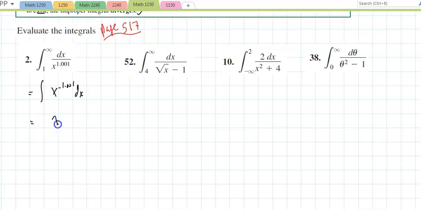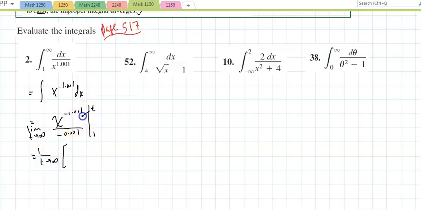Add 1 to the power. If you take negative 1.001 and add 1 to the power, that's negative 0.001 divided by negative 0.001. I'm going to take this limit from 1 to a, and I'm going to take the limit as a approaches infinity. You know what? I'm going to stick with t. I like t more. T approaches infinity.